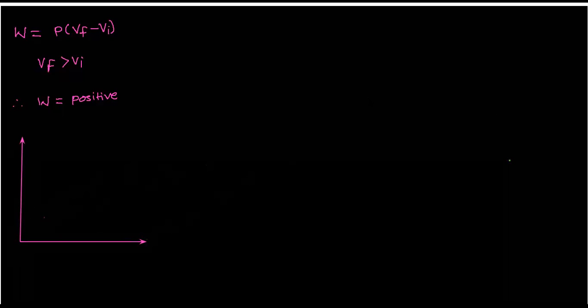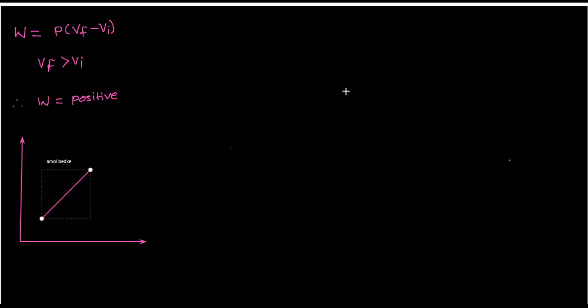The graph for this expansion where work done is positive is like this, straight line. Now it is a straight line, increasing like this.